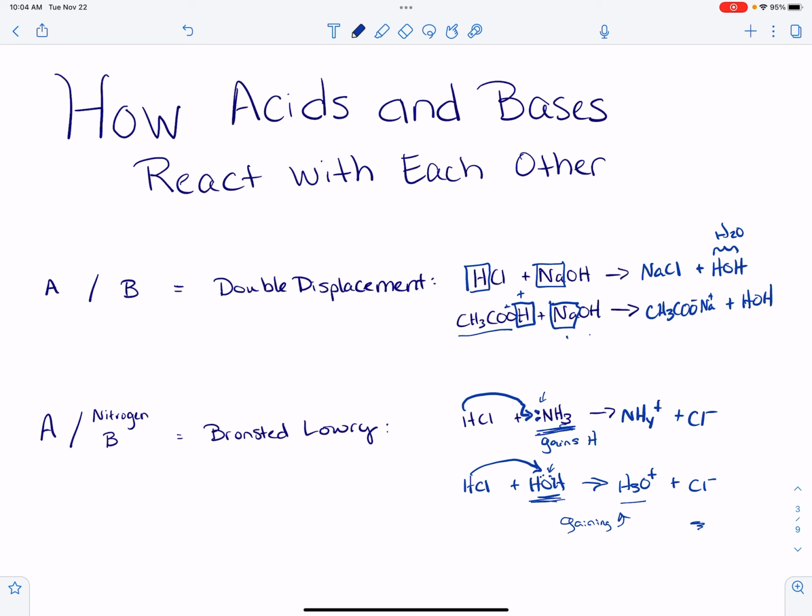So this is another reason that we started talking about Bronsted-Lowry, because now we can see that this reaction right here is not going to give us any H3O or OH minus. It doesn't give us any of those, but we still know that that's an acid-base reaction.